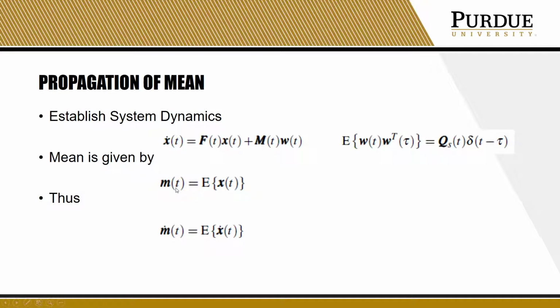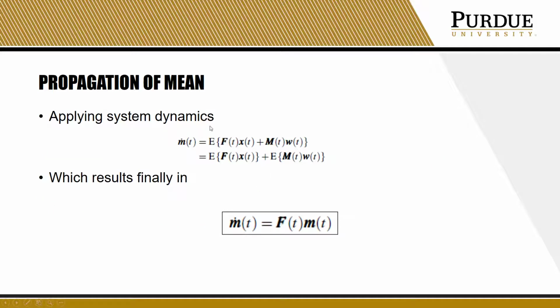Then the mean is given by the expectation of the state at a time t, and thus m dot is equal to the expectation of x dot. By applying the system dynamics to the state x dot, we get that m dot is equal to simply the dynamics of the system times the mean.